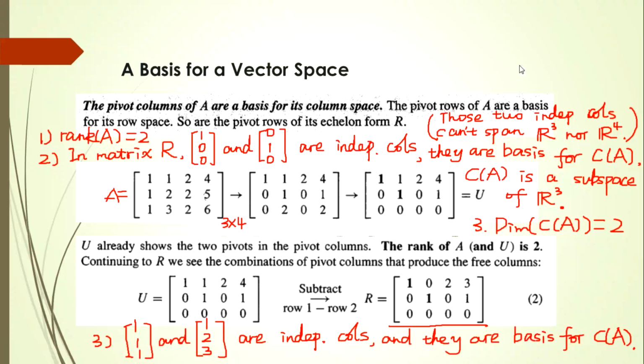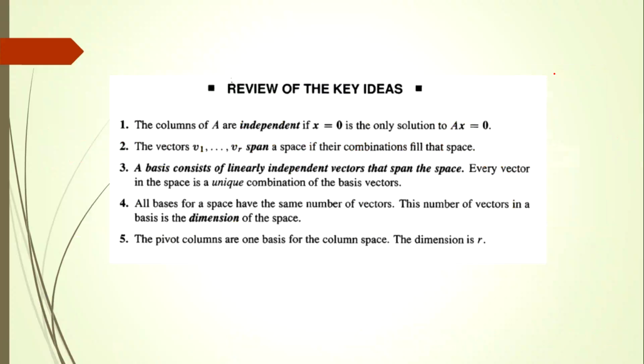All right, let's continue. That is all for this section. Let's review the key ideas. We spent 3 classes on this section to discuss independence, basis, and dimensions. The columns of A are independent if x equals 0 is the only solution to Ax equals 0.